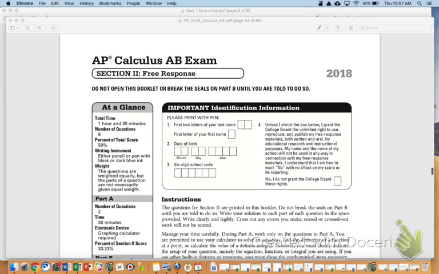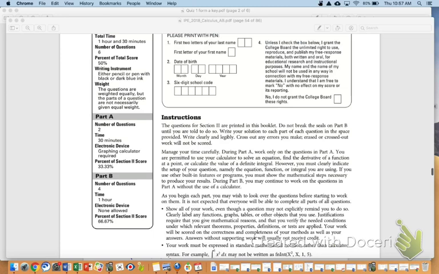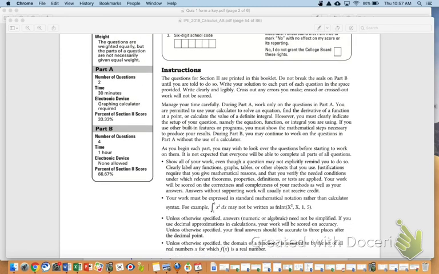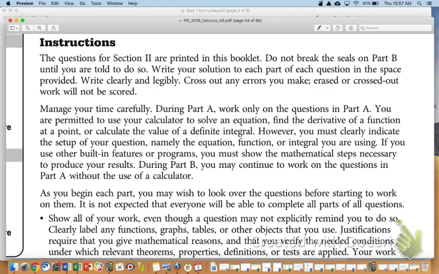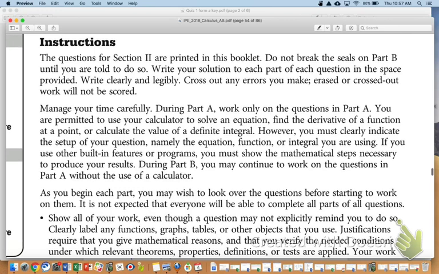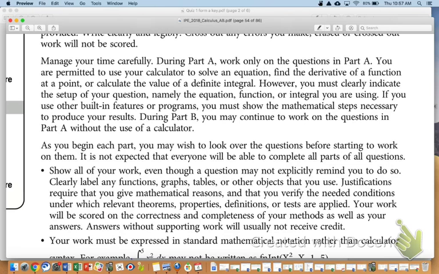So instructions. Let's see here. The first paragraph: cross out any errors you make. Manage your time carefully. You're permitted to use your calculator on part A. You must clearly indicate the setup of your question, namely the equation, function, or integral you're using. Like we've done that all year.